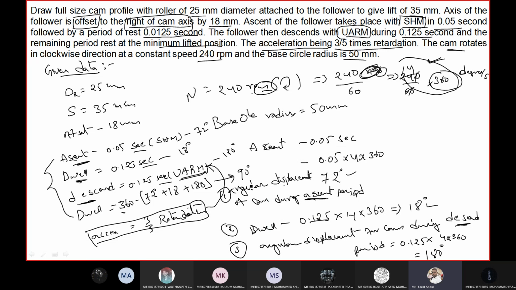Okay, now I'm drawing here the displacement diagram. The first period, rising period, value we got as 72 degrees. So convert the 72 degrees into centimeters. What is the procedure? I said 72 divided by 20.